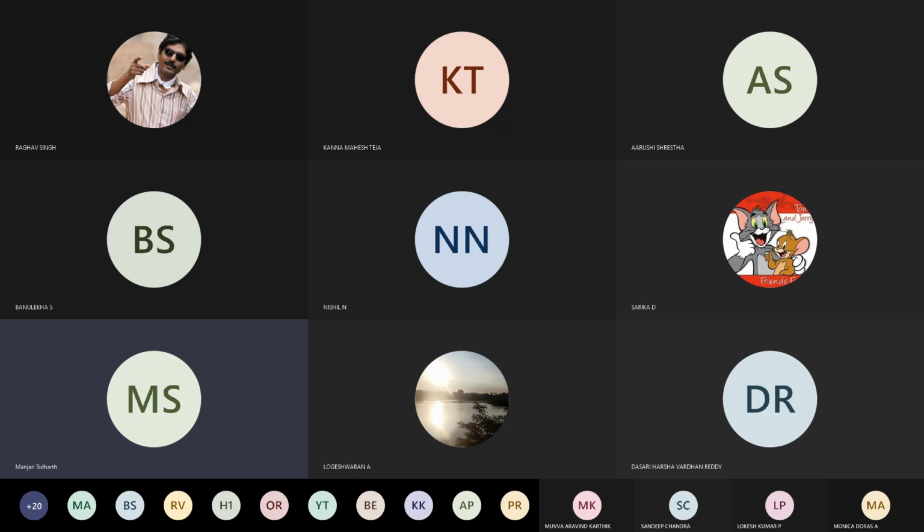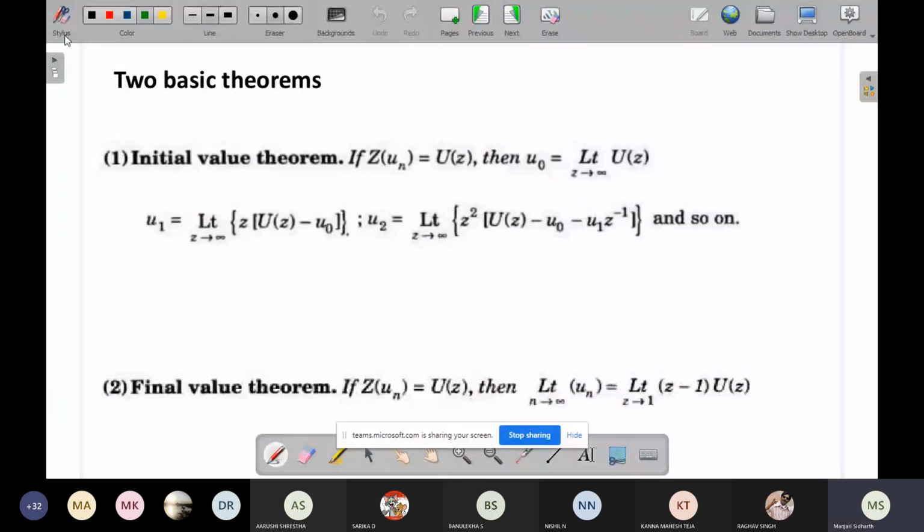So we'll continue our lecture on Z transforms. Let's start. The last topic we have studied was the multiplication by n.